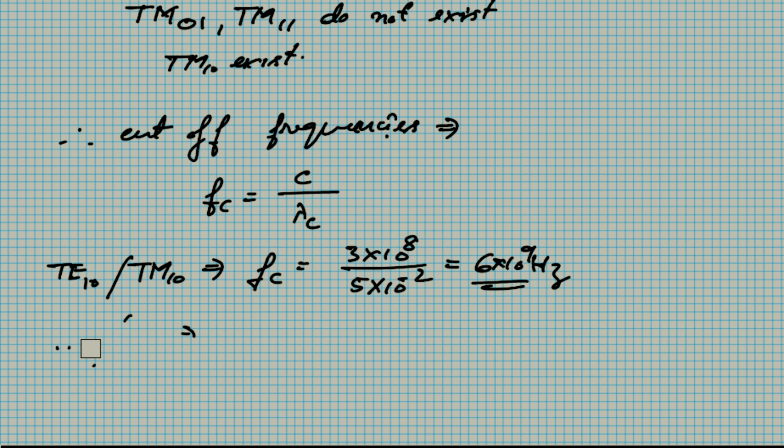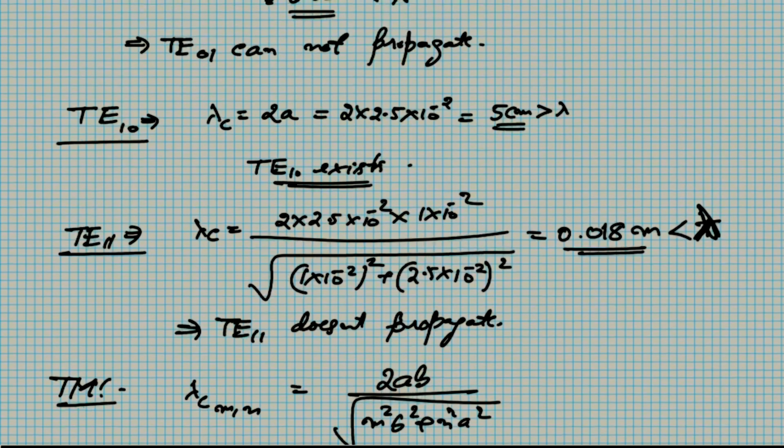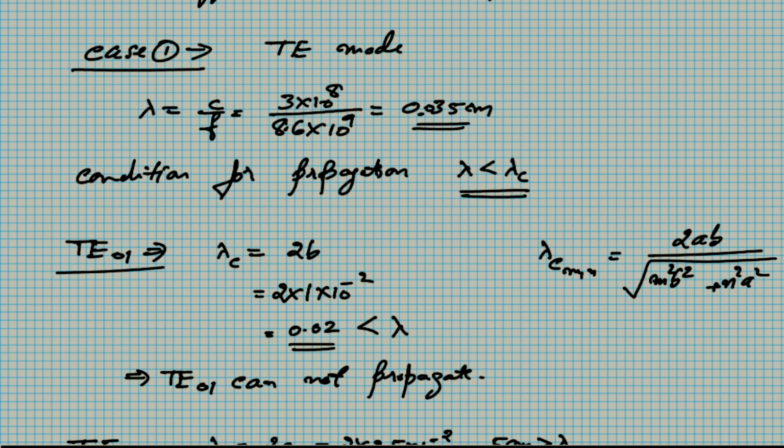Okay, so two questions we answered. There is a third question, right? So that says, what's the question? Okay, lambda g, right? Part C answer. So lambda is given, lambda c is also given. Yes, so only for the one which we know we can calculate, correct? So the one which propagates is TE10, right? And do you know what's the lambda value here? Given lambda, let me just think. Initially 0.035.